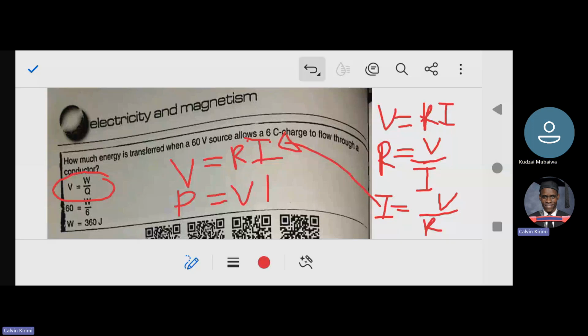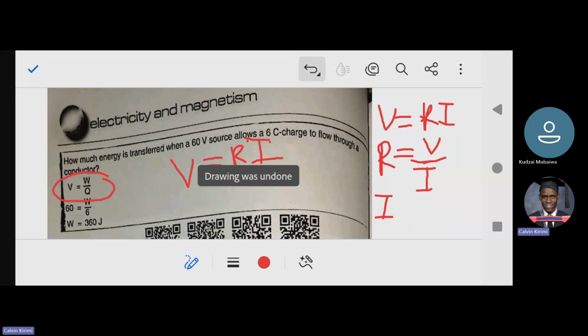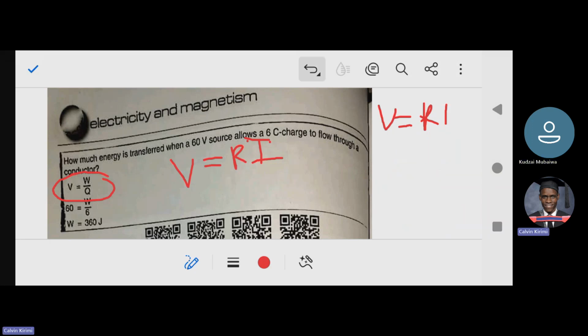All right, so I will leave you to research power and also the formulas for voltage, which is resistance times current. This one you must know already. You must know these formulas. However, you are given these formulas at the back of your question paper in case you have forgotten.